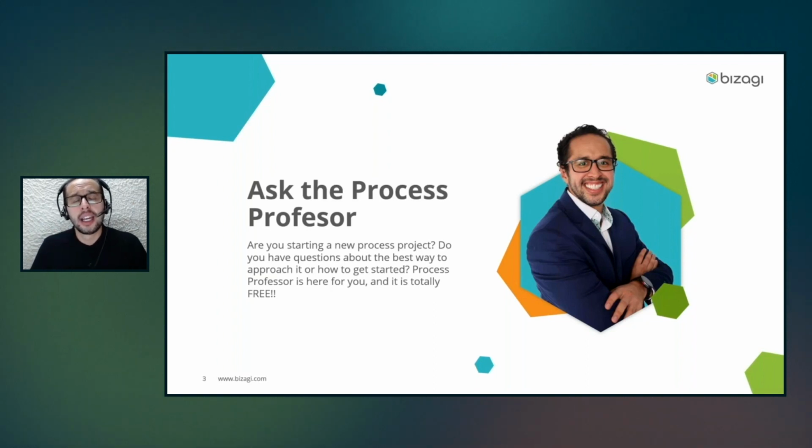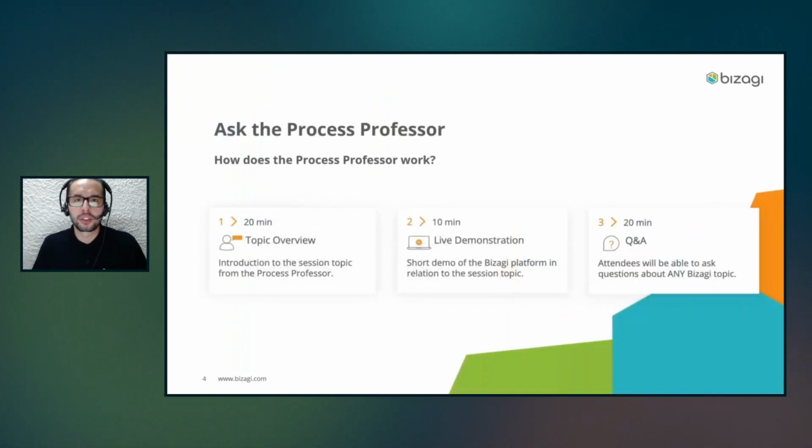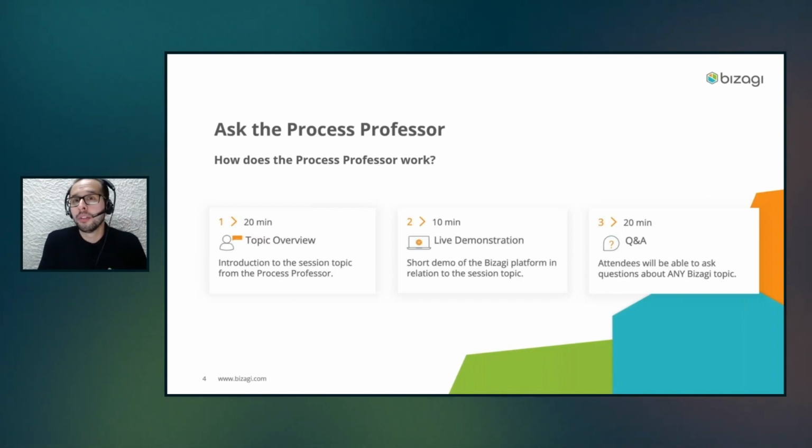And in general, every single Bizagi's Process Professor session has a structure like this. And I say almost always because there are going to be some sessions that don't apply this schema, as for example, the one that I'm going to do today. But in general, what I always try to do is to have a topic overview initially, where I will be talking about a specific topic, right?